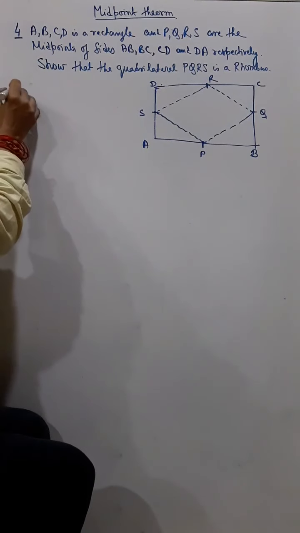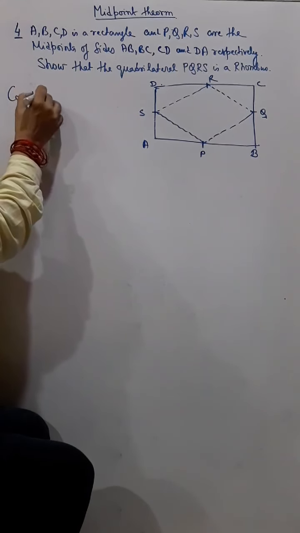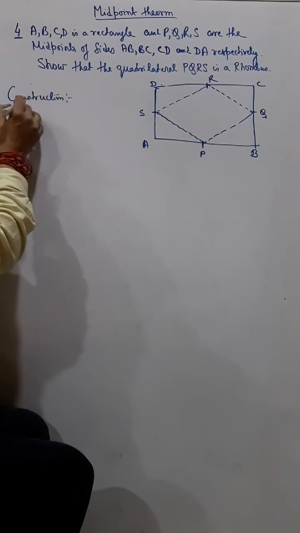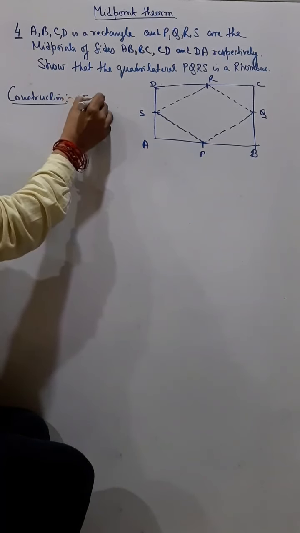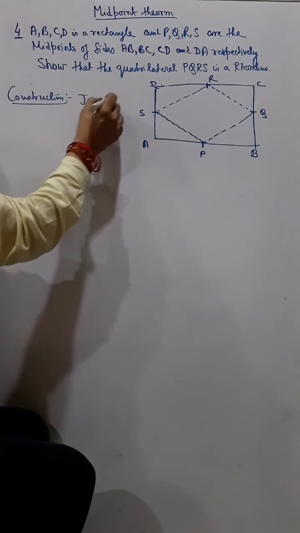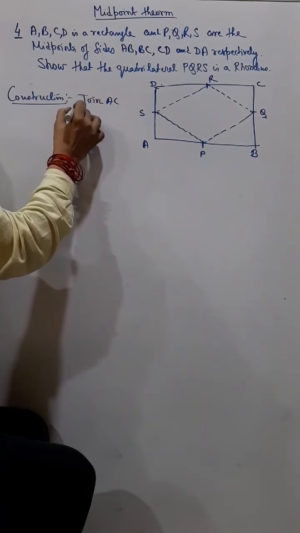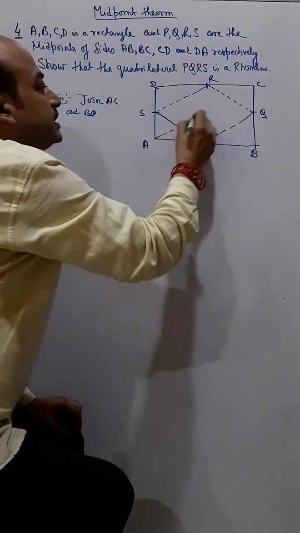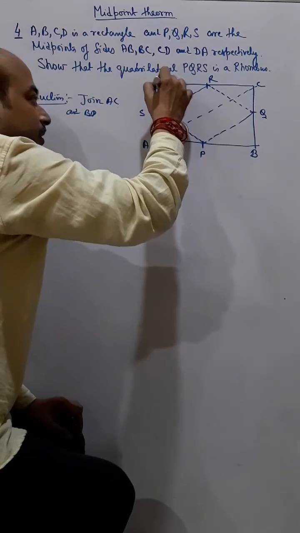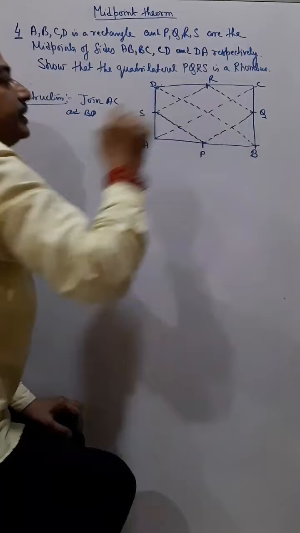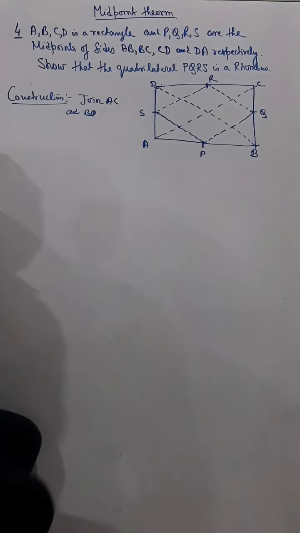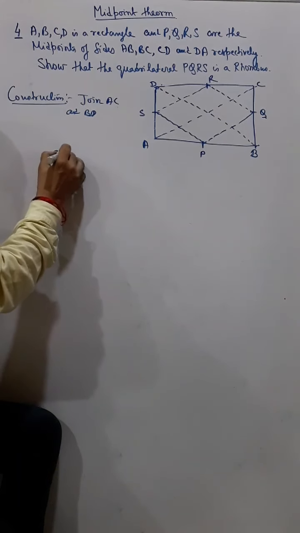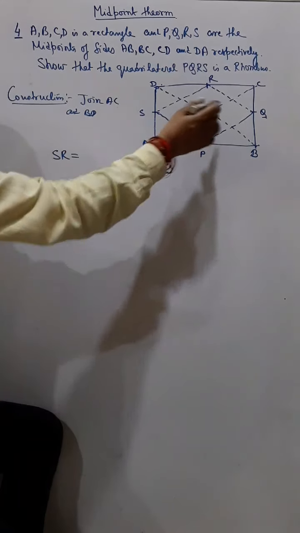So for that we will do a construction. Join AC and BD. So we'll join this AC and we'll join BD. Now here we can directly say that SR is half of AC.